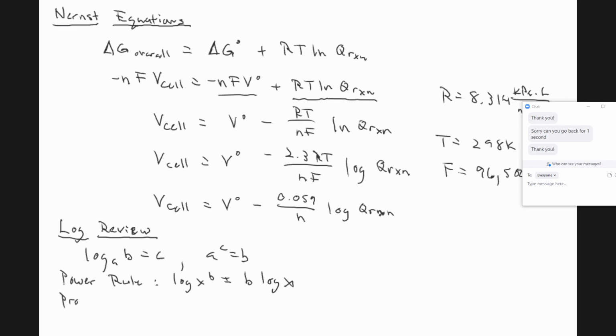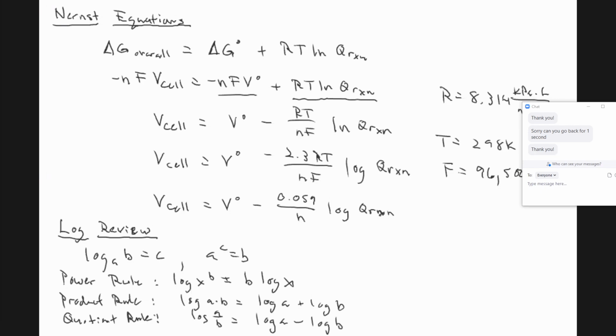Product rule for logs: when you have log of A times B, that's simply log of A plus log of B. Quotient rule: log of A divided by B is simply log of A minus log of B. And there are certain logs that you need to remember.